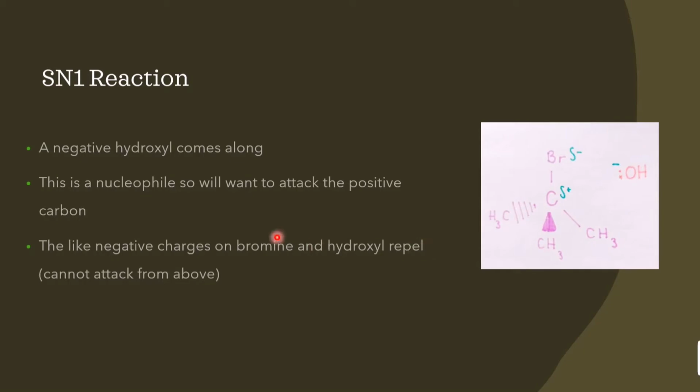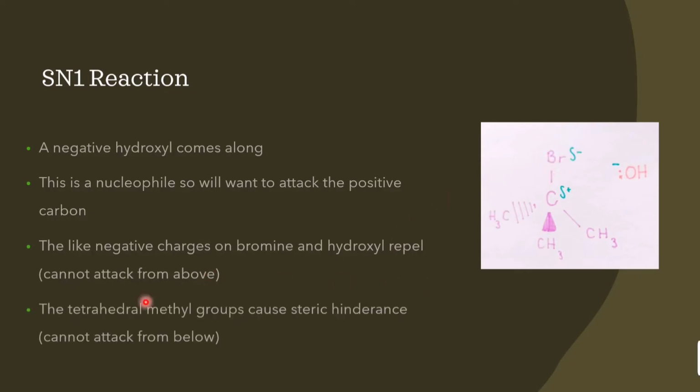And the negative charge on the bromine repels this hydroxyl, this nucleophile. So this bromine repels the like negative charge. So our hydroxyl, even though it wants to attack this positive carbon, cannot attack the carbon from the top because of this bromine's negative charge repelling it.